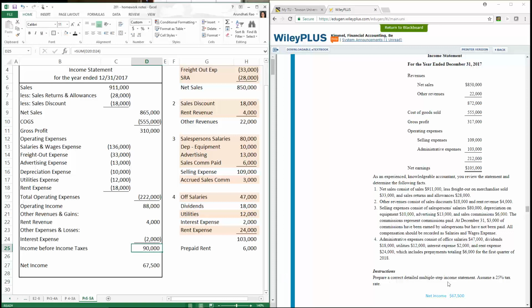What else did they tell us over here? Assume a 25% tax rate, which means on this, I have to pay Uncle Sam 25% in taxes. When you subtract the taxes, 22,500, you arrive at your net income of 67,500. That's the number that you had over here.